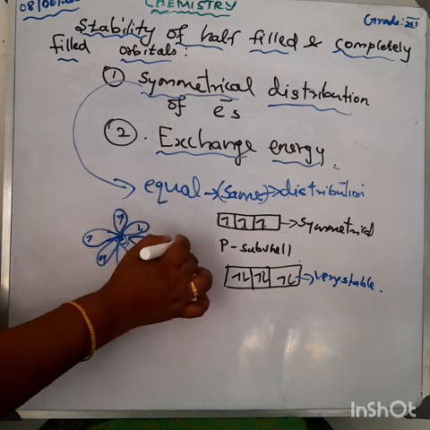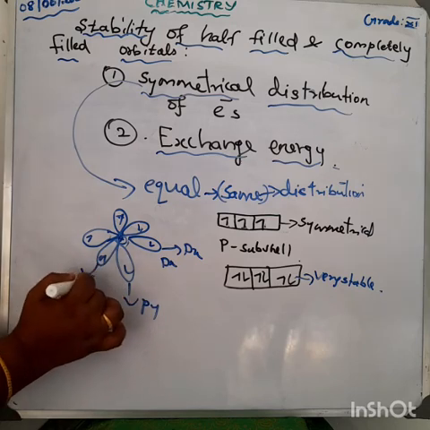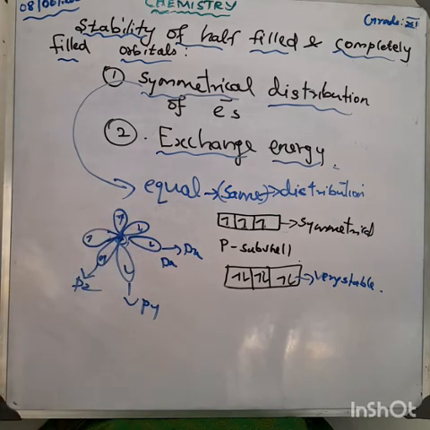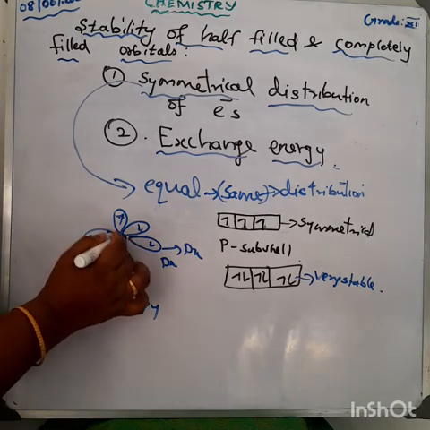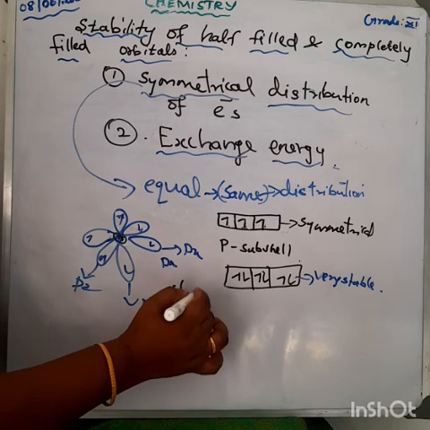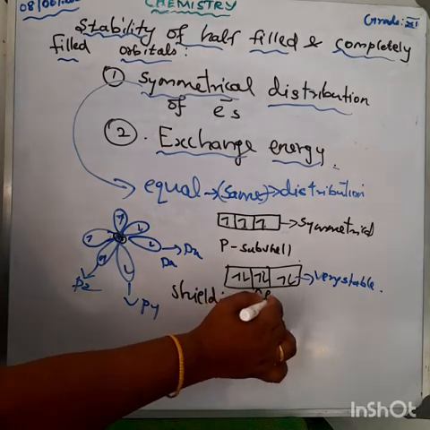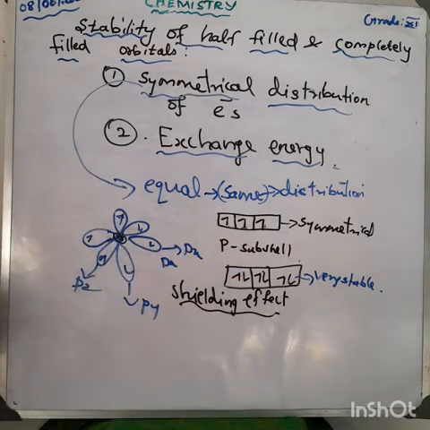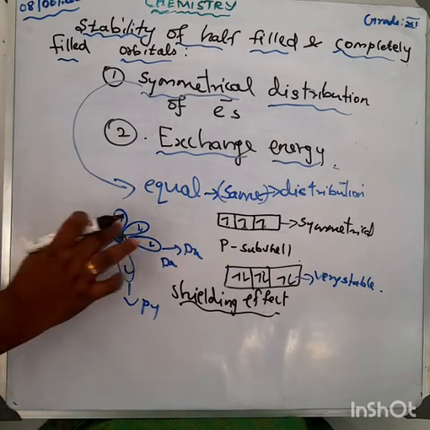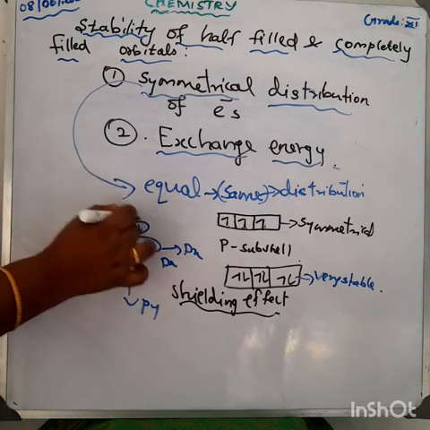Here also the shielding effect is very small. What do you mean by shielding effect? Shielding effect means, suppose some electrons exist in between the nucleus and the outermost orbital, and they hide the attractive force between the nucleus and the electrons.